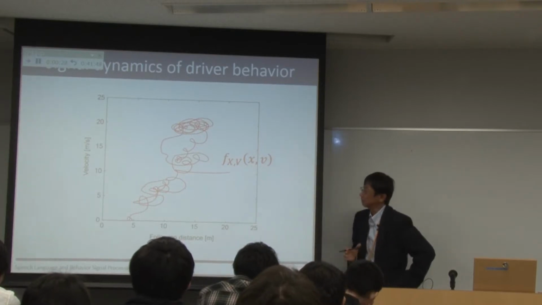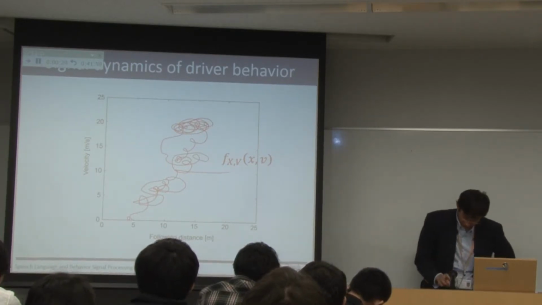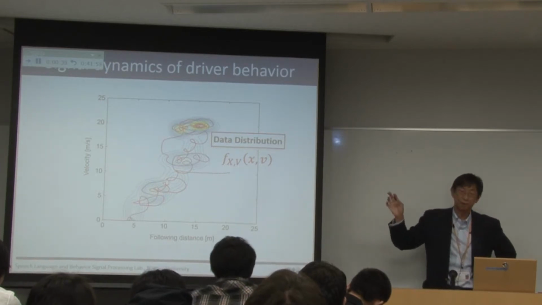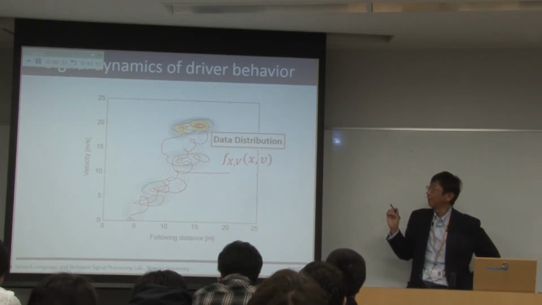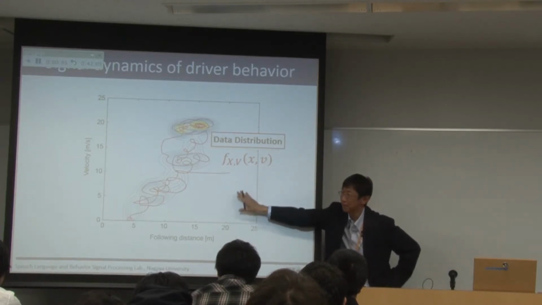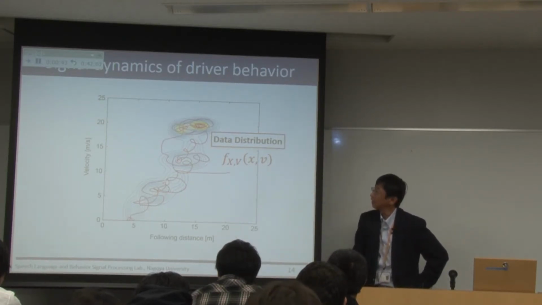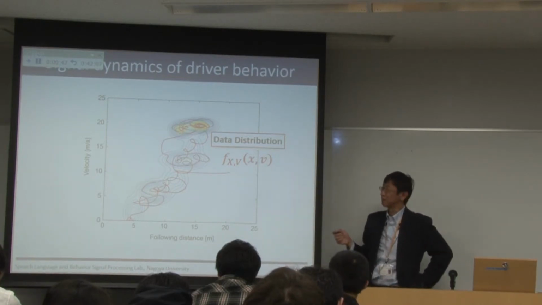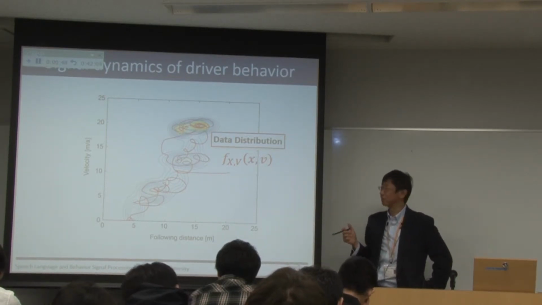Then what you will see is something like this. There are several mountains, and there are several plateaus or oceans here. Of course, the height of the mountain represents the frequency of the observation.